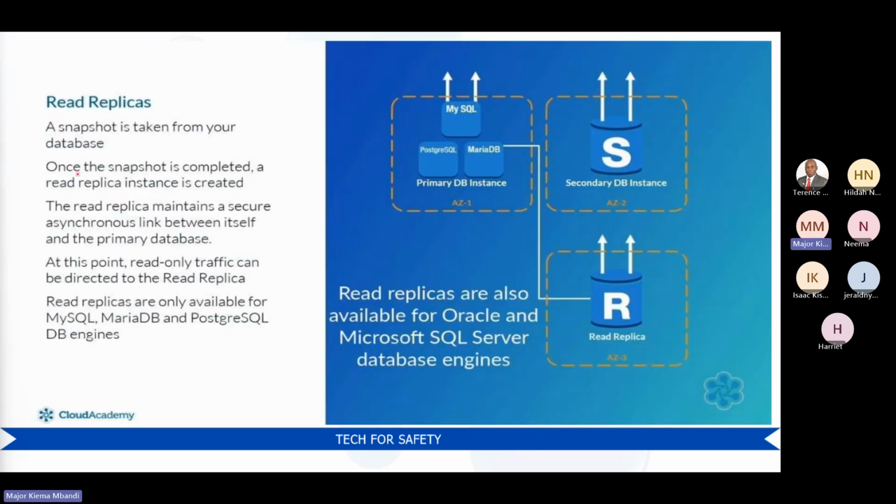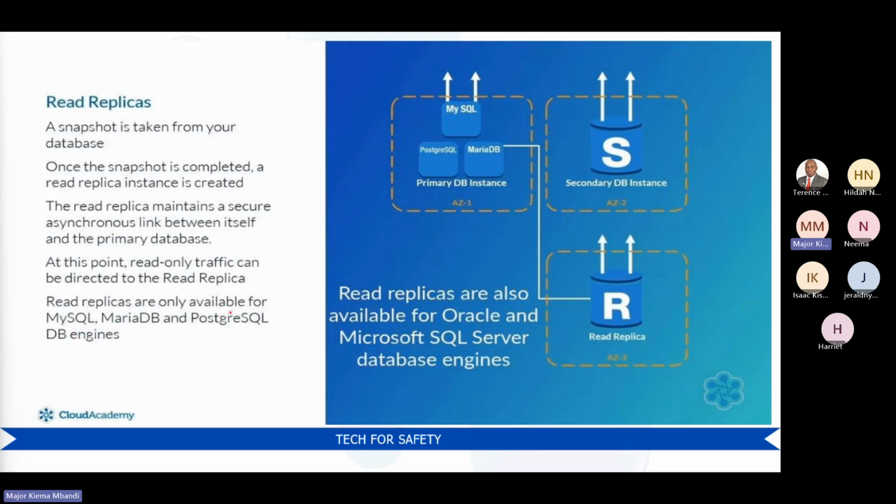A snapshot is taken of the database, and once the snapshot is completed, a read replica instance is created. The read replica maintains a secure asynchronous link between itself and the primary database. Remember, for the other database, multi-AZ was synchronous, so this is not as close to real-time as a multi-AZ deployment. At this point, read-only traffic can be directed to the read replica.